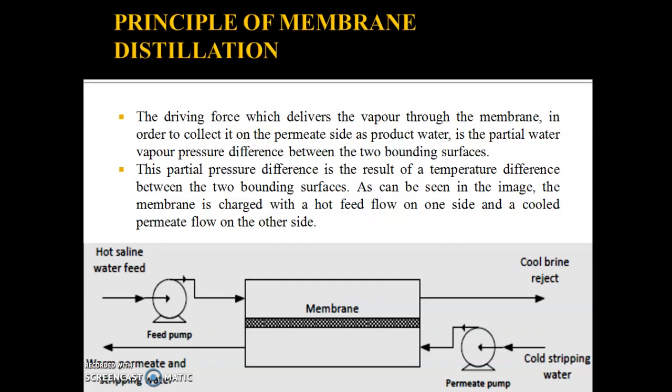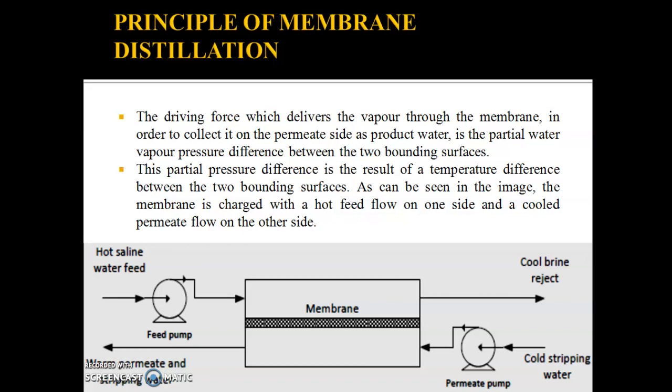Second, membrane pores do not go straight through the membrane, and the path for vapor transport is greater than the thickness of the membrane. And third is the inside walls of the pores, which relates to the resistance of diffusion, right? These three are the physical properties related to membrane distillation and its mass transfer.